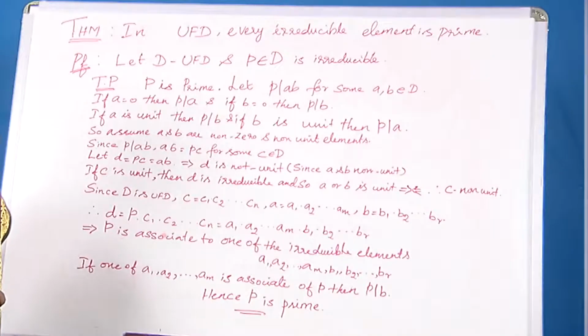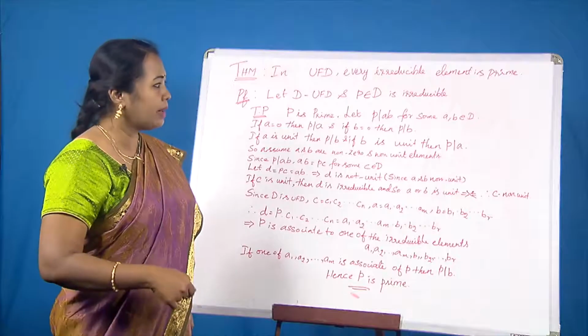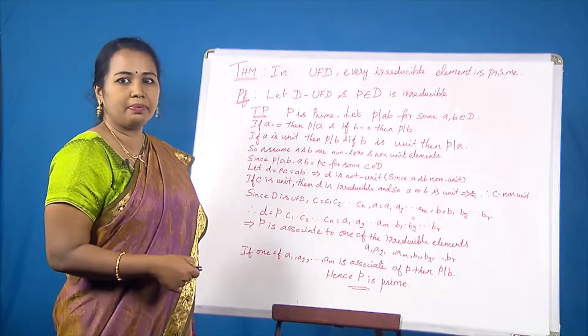And if P is an associate of one of the irreducible elements, let us say A1, A2, so on up to Am, then obviously, P will divide B, because B1, B2, so on up to Br is equal to B. Suppose P is an associate of one of the irreducible elements B1, B2, so on up to Br, then P should divide A. So, in both cases, we have now shown that if P divides AB, P divides either A or P divides B, thereby proving that P can only be a prime element.